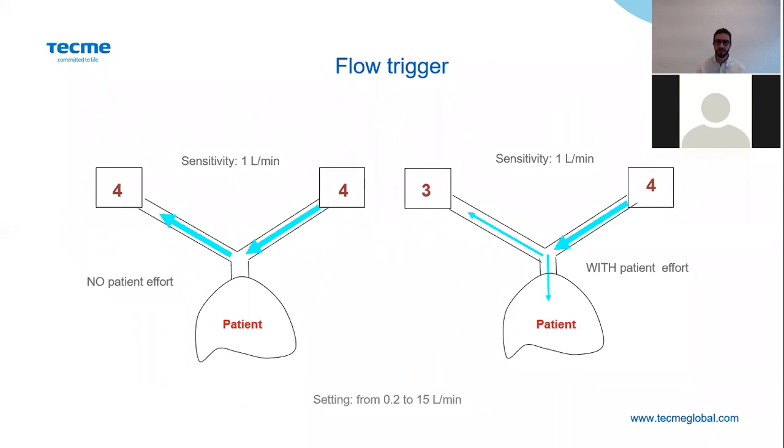Remember, the flow sensitivity you can set from 0.2 up to 15. Which one is the most sensitive? And then what do you think should be the best value to be set? Okay, the default value, the lowest possible that does not generate auto trigger, or 1 liter per minute.